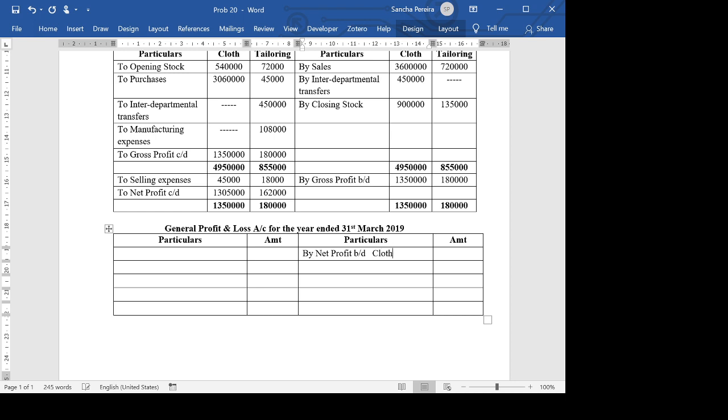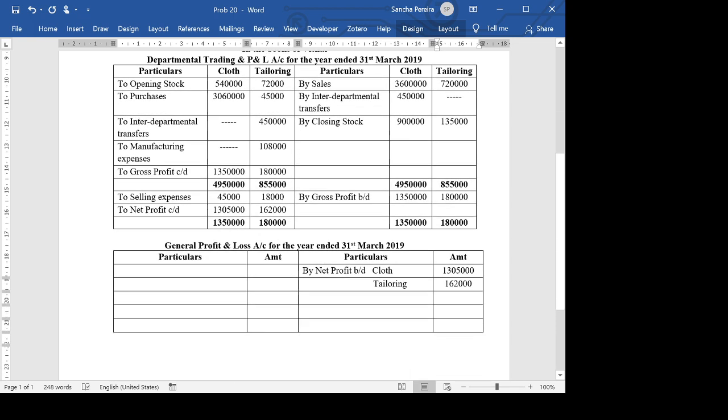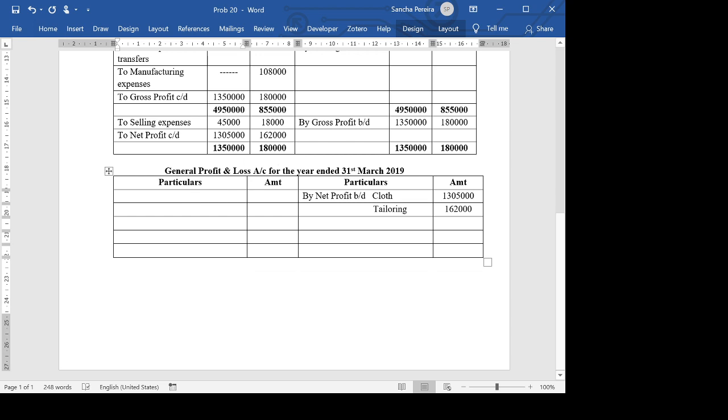For cloth, it is 13 lakhs 5,000, and for tailoring it is 1 lakh 62,000. There are some general expenses also that have been mentioned. General expenses will go in the general profit and loss account because they cannot be divided. So 2 lakh 7,000 to general expenses.